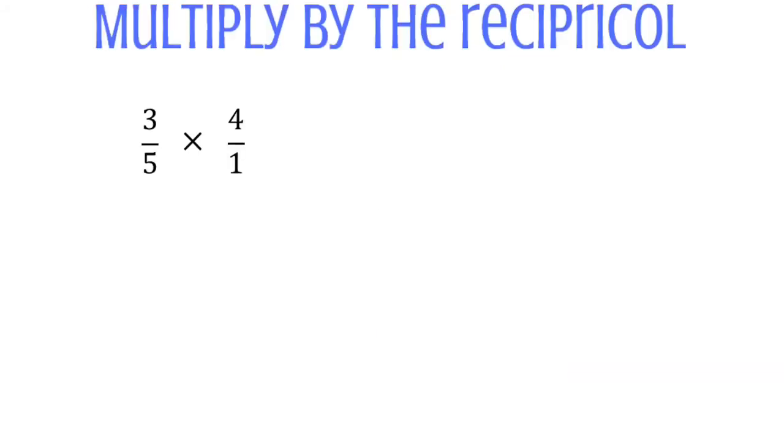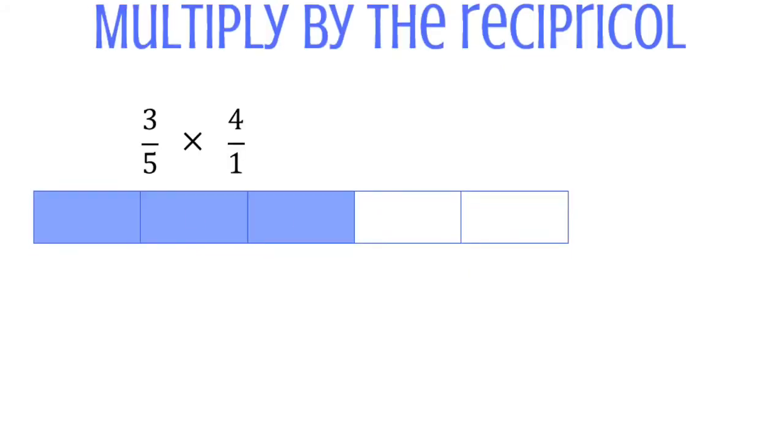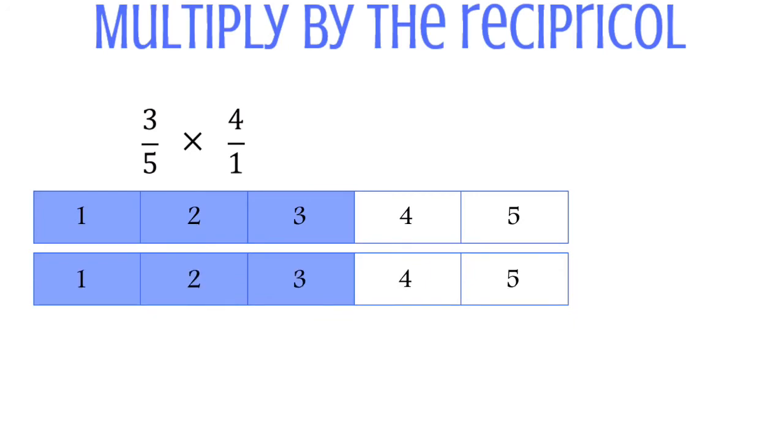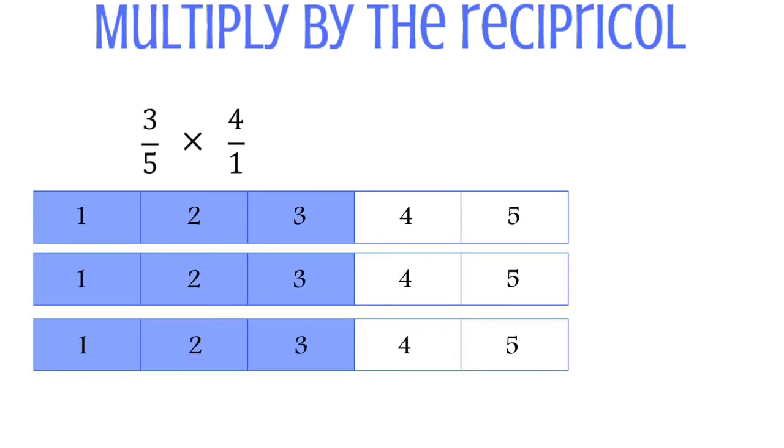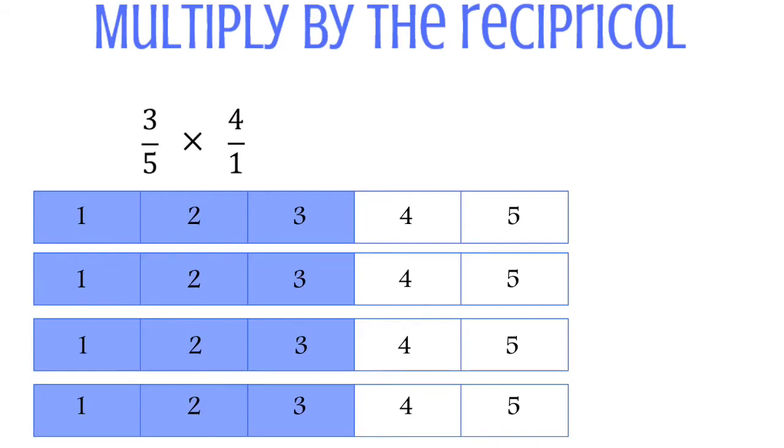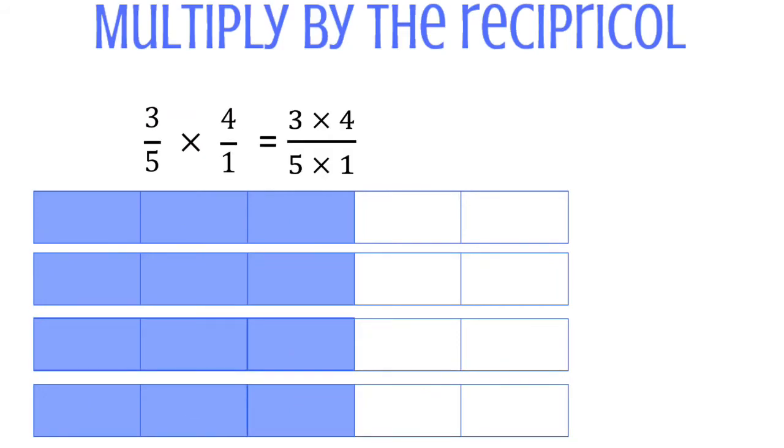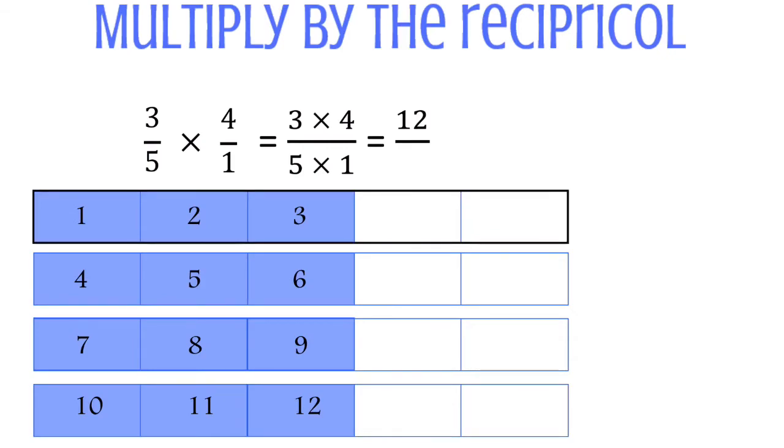Let's model this. Here I give you 3 shaded pieces out of 5. 5 would be the whole, 3 shaded, and I repeat that pattern 4 times. Now let's count up and look at our pieces. The shaded number of pieces represent the math of 3 times 4, which gives us 12. Then, in order for a whole to be completed, we would need 5 pieces.